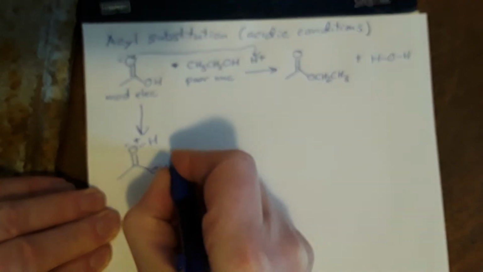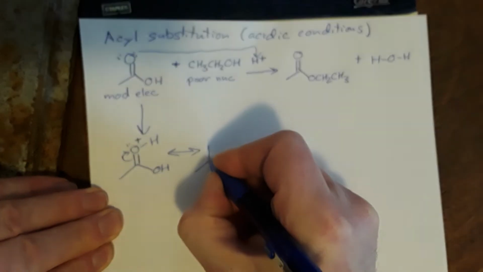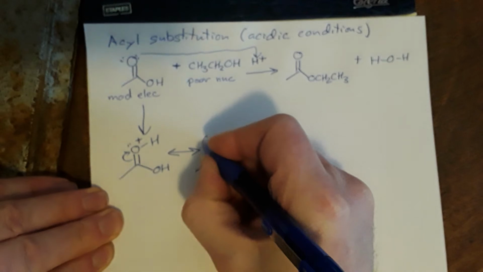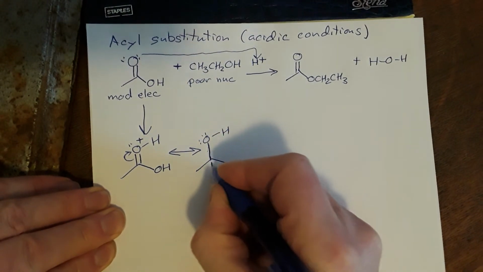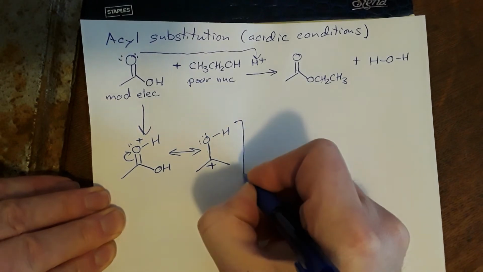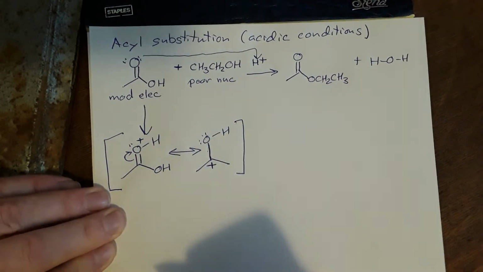The reason it's much better is that we have this resonance structure that is almost equally important as the first one we've drawn, that has a positive charge on the carbon.